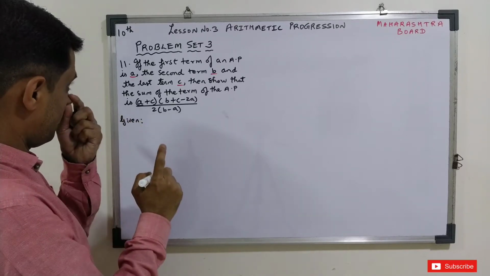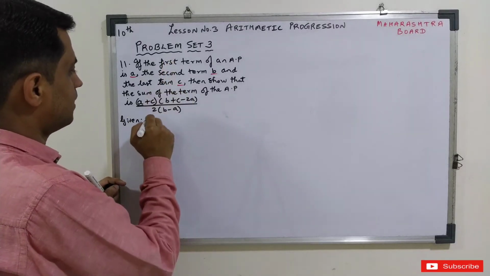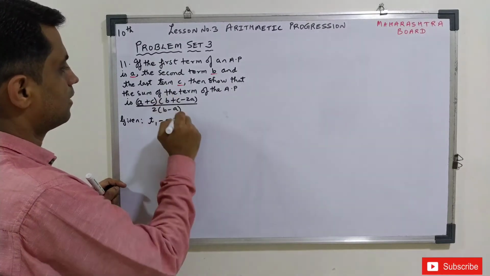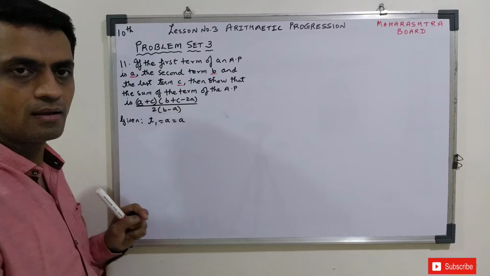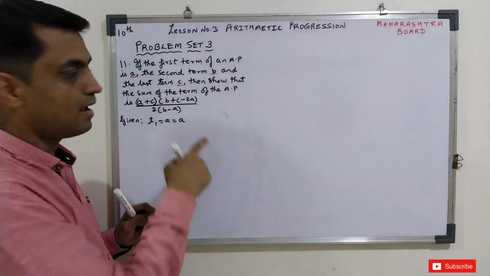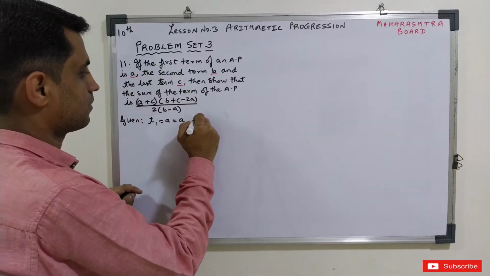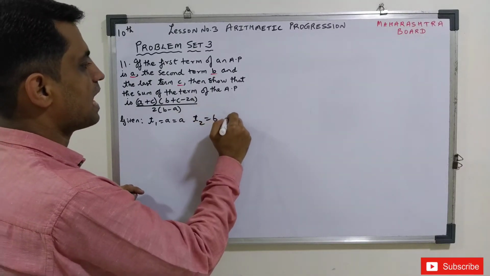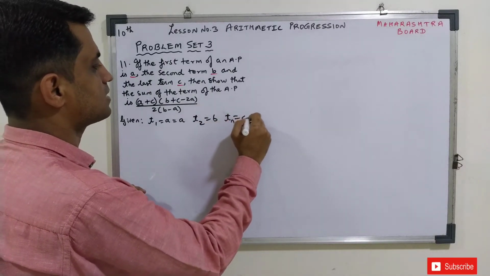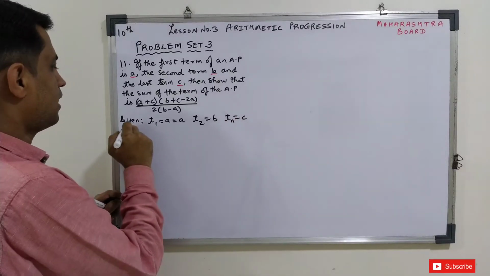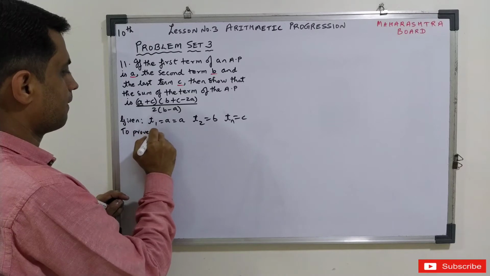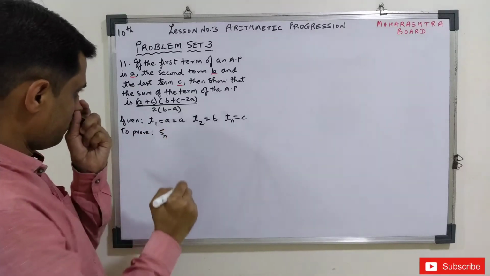So first what had they given us? The first term, that is T1, is A. T2 is B and the last term, that means Tn, is C. And to prove, the sum of all the terms is what?